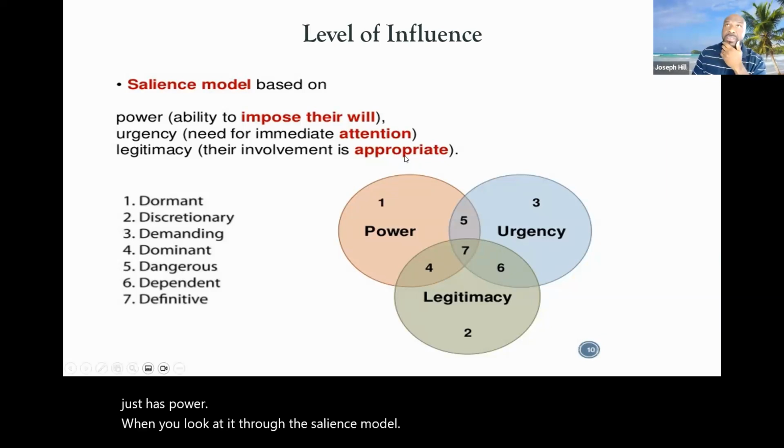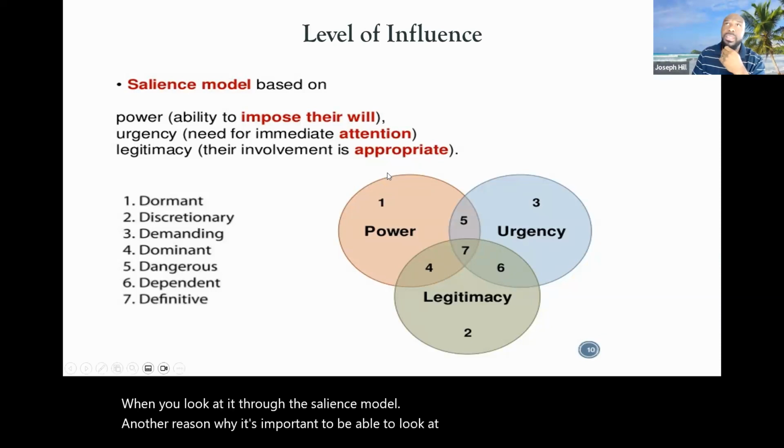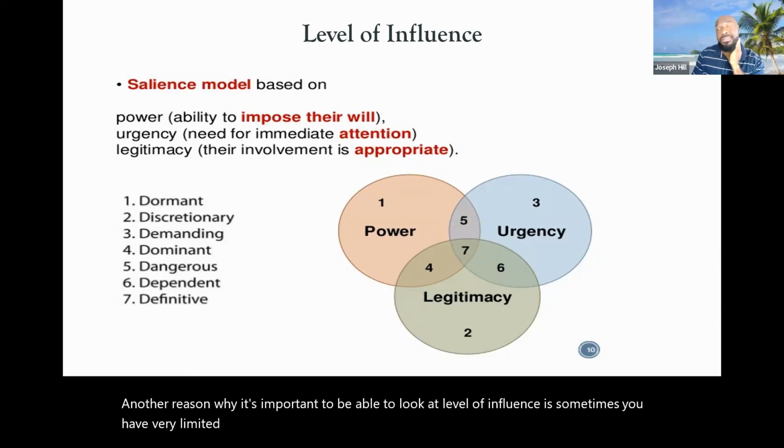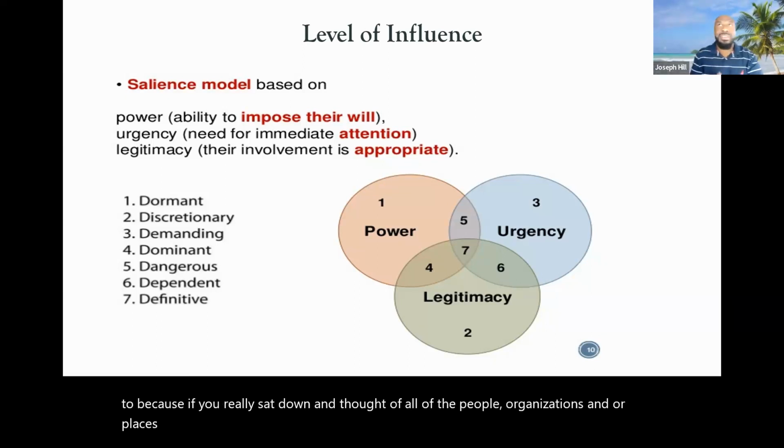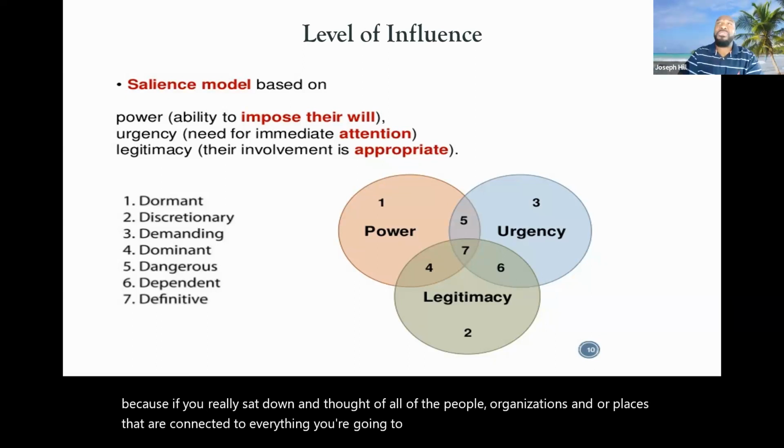Now, another reason why it's important to be able to look at level of influence is sometimes you have very limited resources, right? And you may have to prioritize who you can reach out to. Because if you really sat down and thought of all of the people, organizations, and or places that are connected to everything you're doing, you're going to come up with thousands of people.